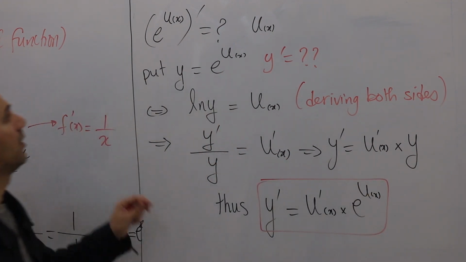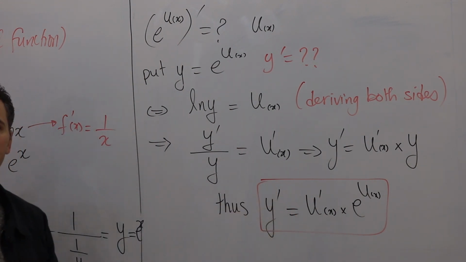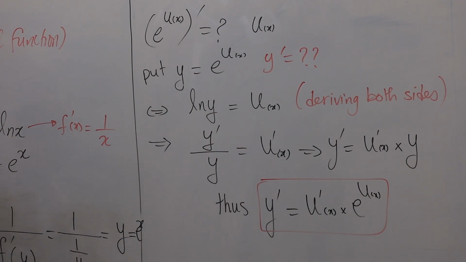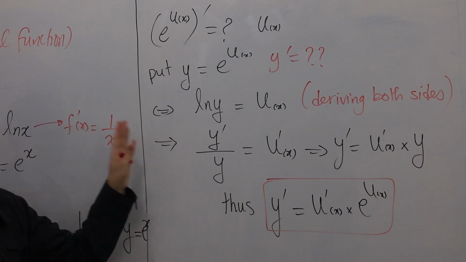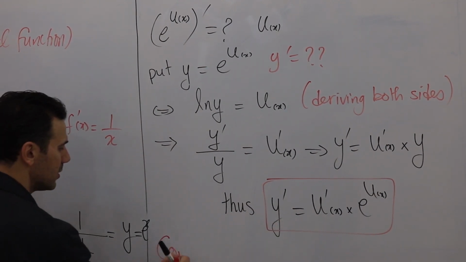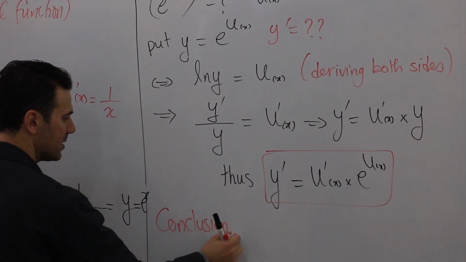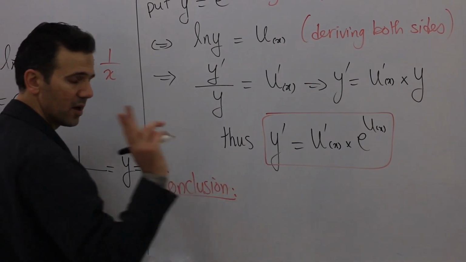This is the proof of the derivative of e^u. As a conclusion, never mind, these details are just to understand very well, deeply, why we get this rule. I advise you to memorize this, and you can apply these rules directly. What are these rules?